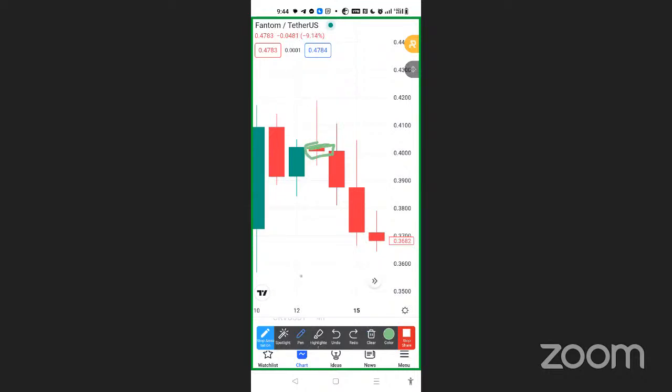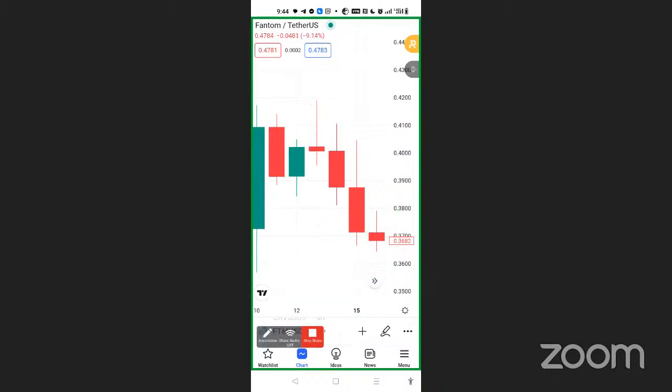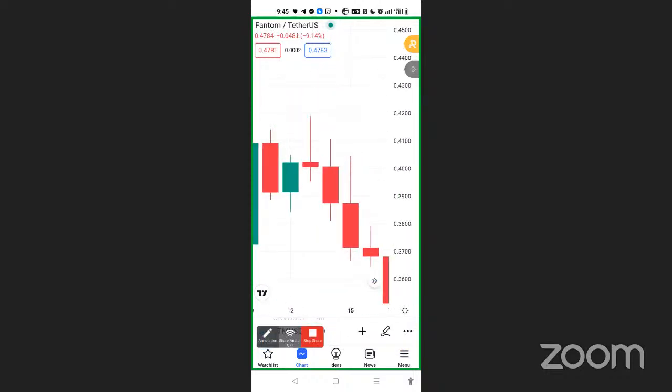So candles that appear like this represent selling pressure in the market. For example, this is selling pressure. I hope you see that you have a lot of selling pressure happening down here.